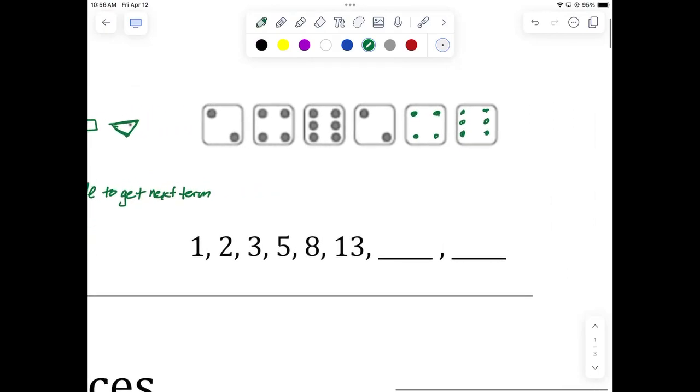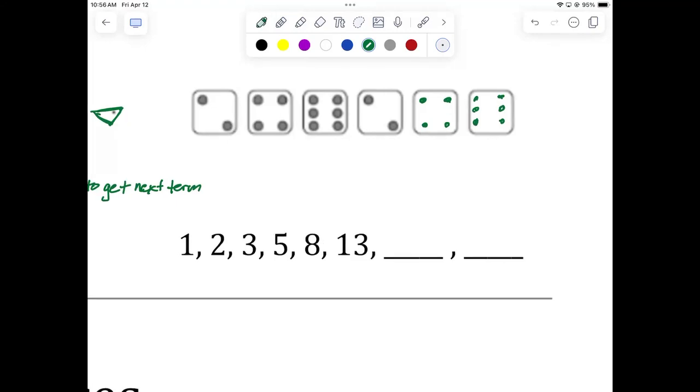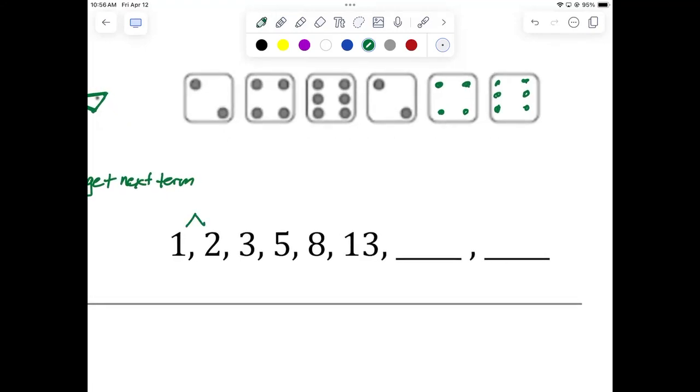All right. How about this one? 1, 2, 3, 5, 8, 13. How'd you get 21? Oh. 1 plus 2 is 3. 2 plus 3 is 5. 3 plus 5.